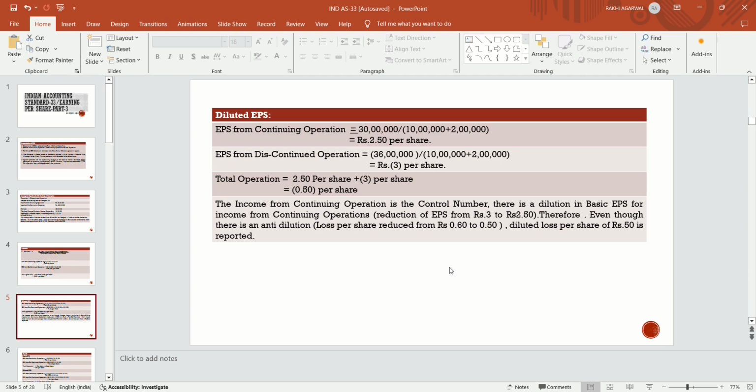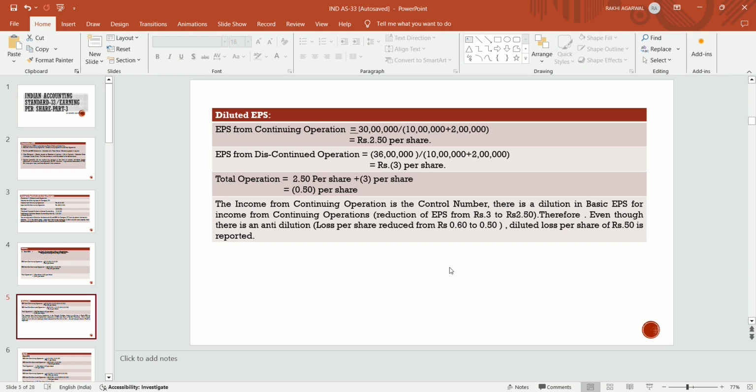In that case it is an anti-dilution, because a diluted loss per share of 0.50 is reported. We have to look into this, because even in the total there is an anti-dilution, as in total from continuing and discontinuing operation the loss is reduced from 0.60 to 0.50.